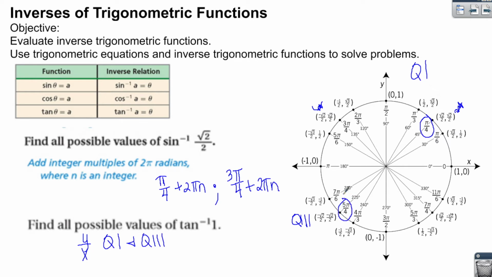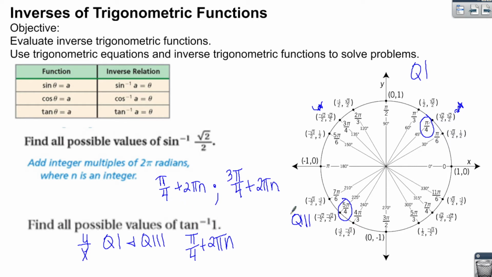So in the same manner, these are not the only angle measures that will result in a tangent value of 1, you need to consider their coterminals, right? Angles that allow you to create more rotations but still end up on the same location. So we say that all possible values will include pi over 4 plus 2 pi n. It just so happens it's almost exactly like the one we have on top.